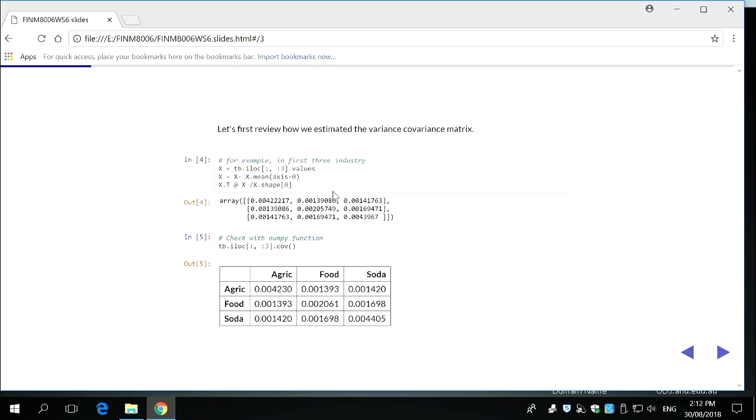So what really drives this variance covariance matrix is the matrix X prime X.